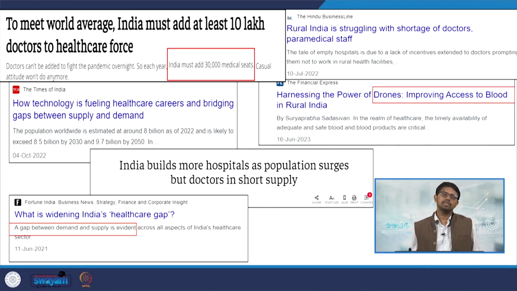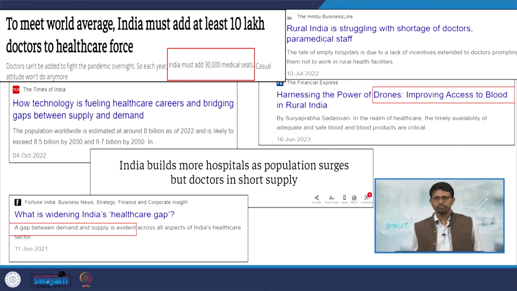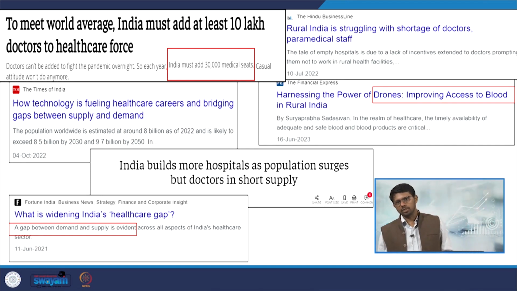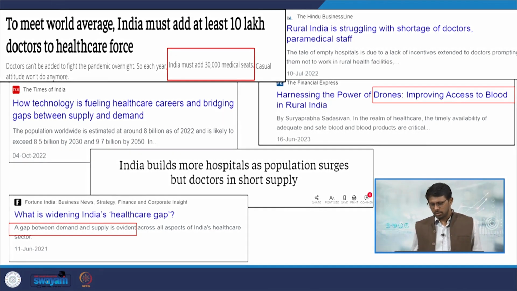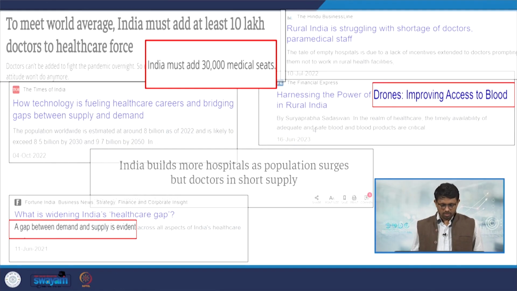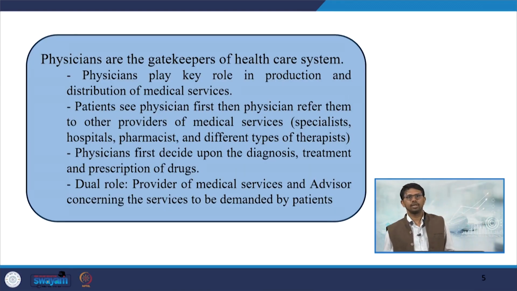But now in this lecture we will be sticking to the typical problem lies with the healthcare supply. We start with the physicians perspectives. So, at the last word I wanted to just mention, India must add 30,000 medical seats in order to deal with the ratio. Physicians are the gatekeepers of healthcare system.